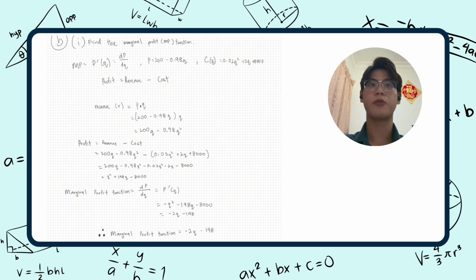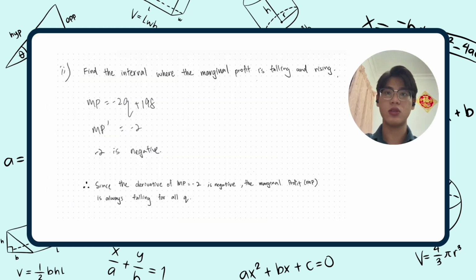For the marginal profit function, we take the derivative of the profit function. After we differentiate, we get minus 2Q plus 198. So the marginal profit function is negative 2Q plus 198.